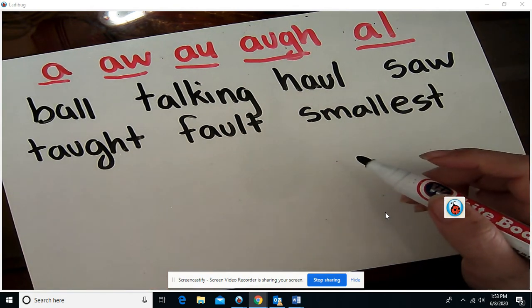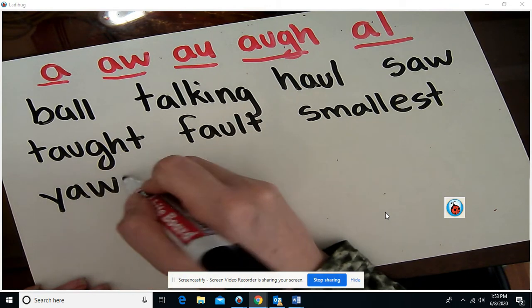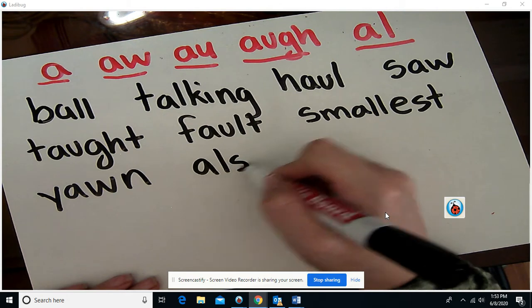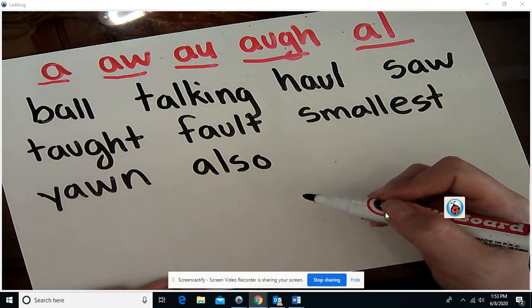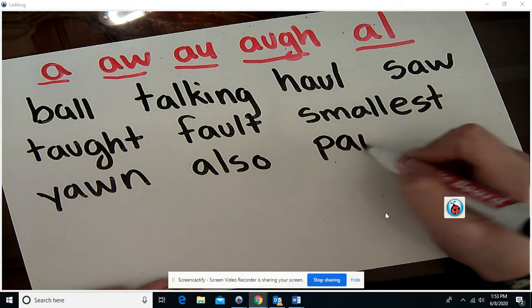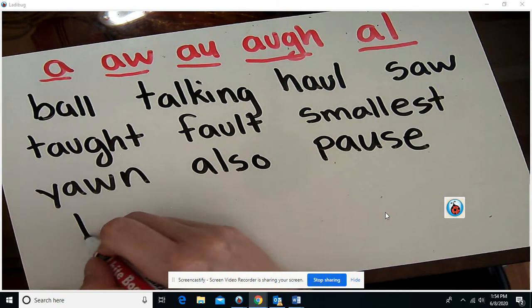And then we have yawn, also, pause, and daughter.